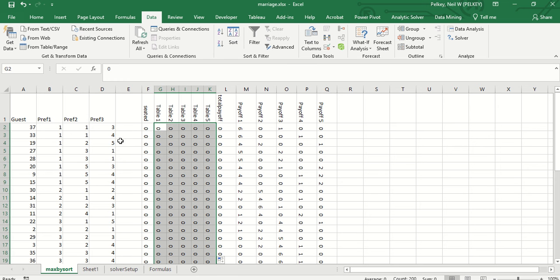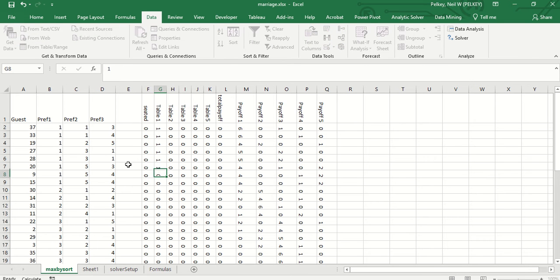So in here, we're going to put in table 1 until we run out: 1, 1, 1, 4, 5, 6, 7, 8. Oh, that's good. All 8 of the people who wanted that got it.